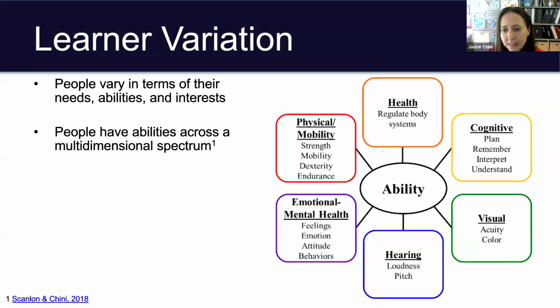So if we think broadly about what kinds of things people are able to do, based on literature review, Erin and I proposed this toy model for 6 dimensions of ability.